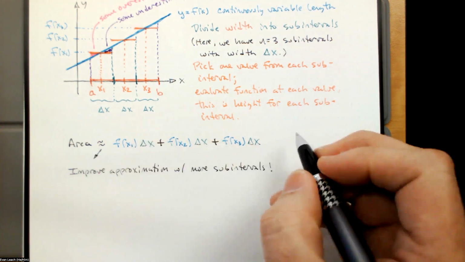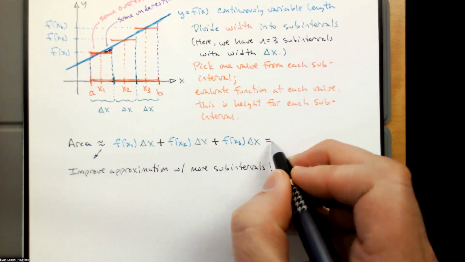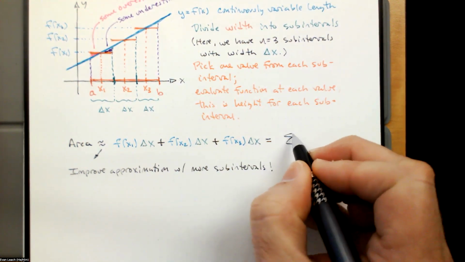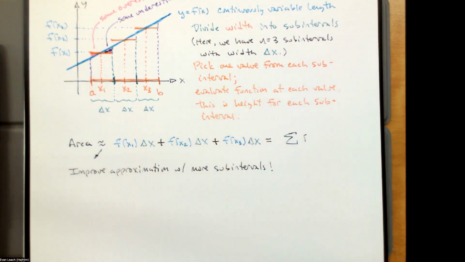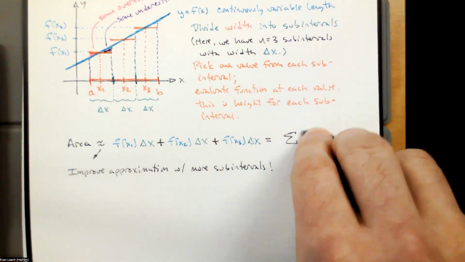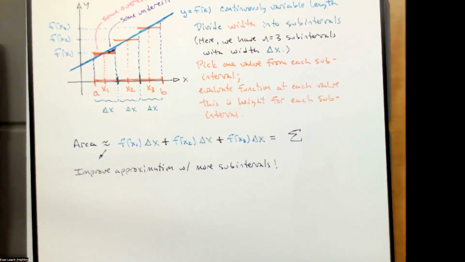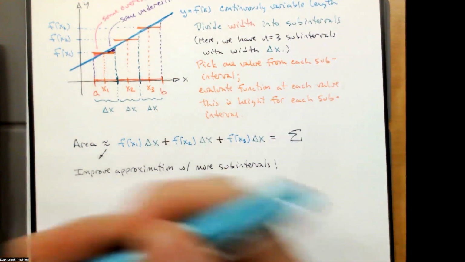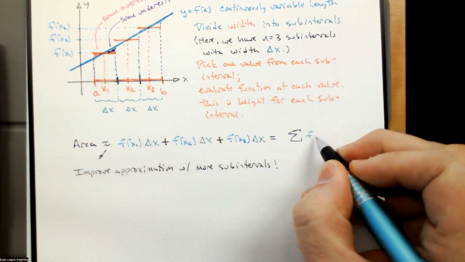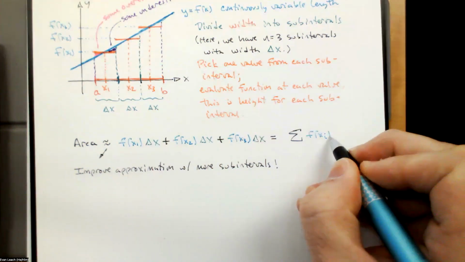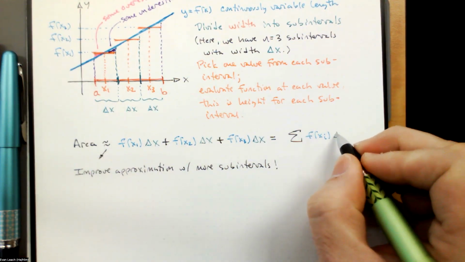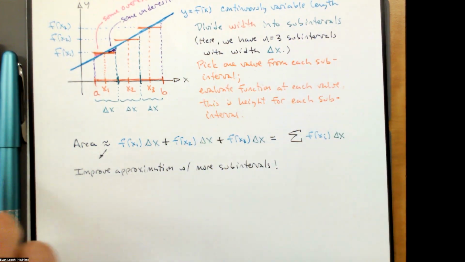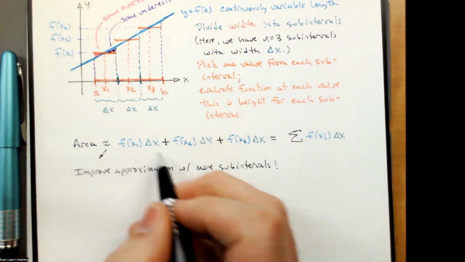We're going to have some notation. I'm going to write this with summation notation. This is the sum of f at xi times delta x, for i equals 1, 2, and 3.